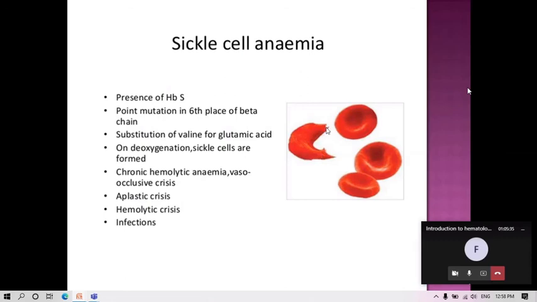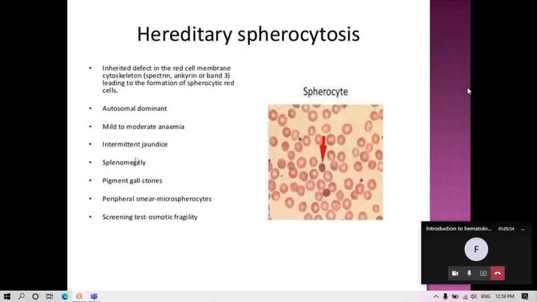If you are finding sickle cell anemia, then you will investigate along that line. You will advise for Hb electrophoresis or HPLC, or you will go for the sickle cell solubility test and other tests also. Like in hereditary spherocytosis, you have the peripheral smear.